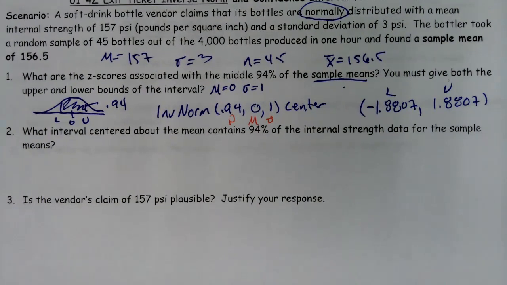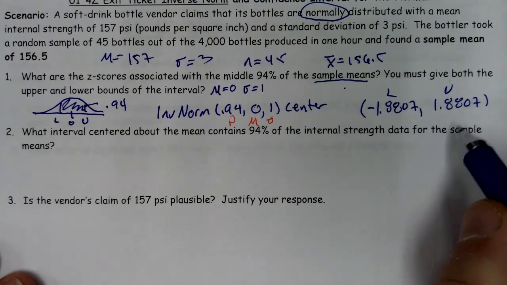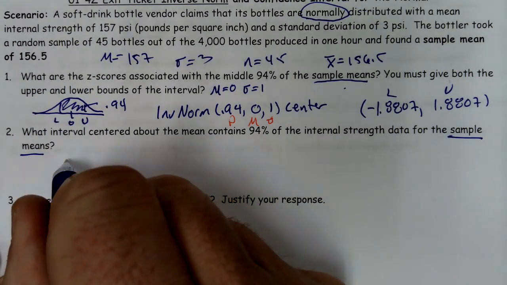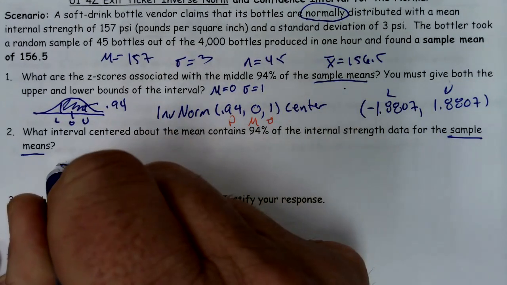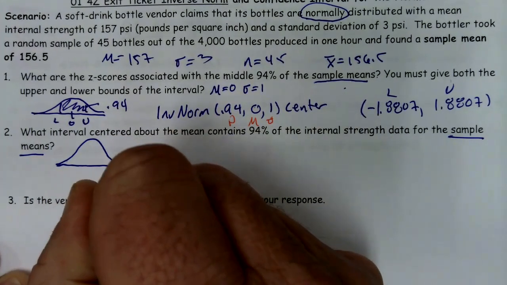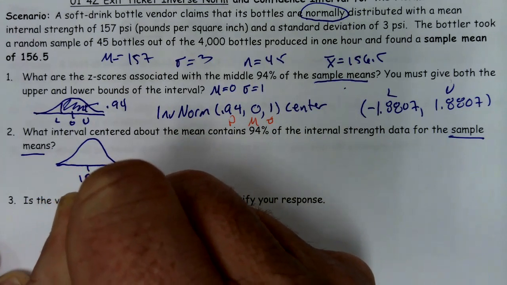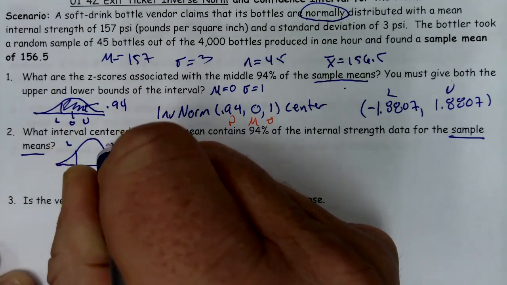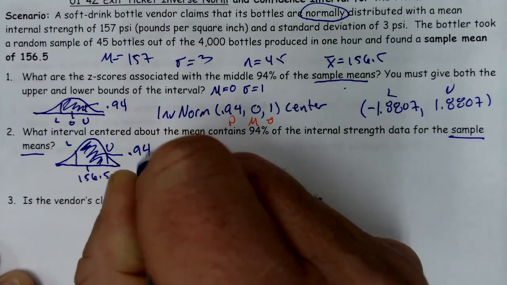The next question is, what interval centered about the mean contains 94% of the internal strength for the sample means? Not the population, but the sample mean. Well, our sample mean was 156.5, and we're going to be looking for a lower and an upper, and this is still 94%.